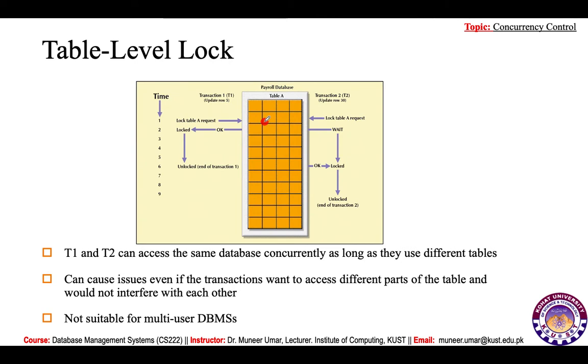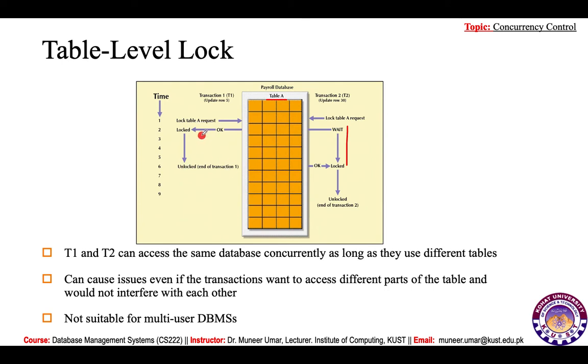Then we have table level lock. Here we have a table in the database, Table A. Transaction 1, T1, requests for lock. The lock has been given, and at the same time T2 also requested, but since this table has been locked, it must wait until this lock has been released or this table has been unlocked.